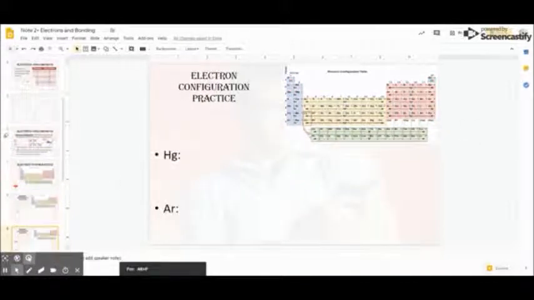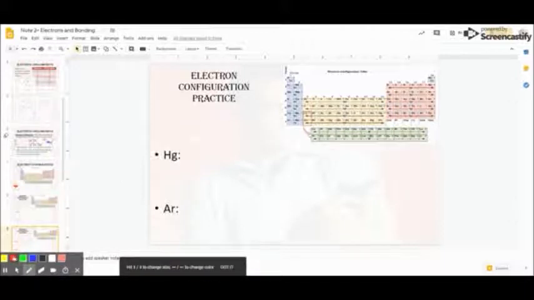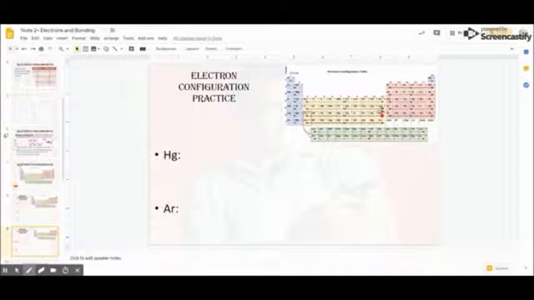So let's try a couple more examples. Sometimes our configurations can get quite long, right? If we were to try to do mercury, we're all the way down here, so we'd have to write all of this till we get to mercury. A way we can do a shortcut is by starting at one of the noble gases. Remember, noble gases are this last column on our periodic table. So if we wanted to write the configuration for mercury, instead of starting at hydrogen, we could start at the noble gas that comes before mercury.